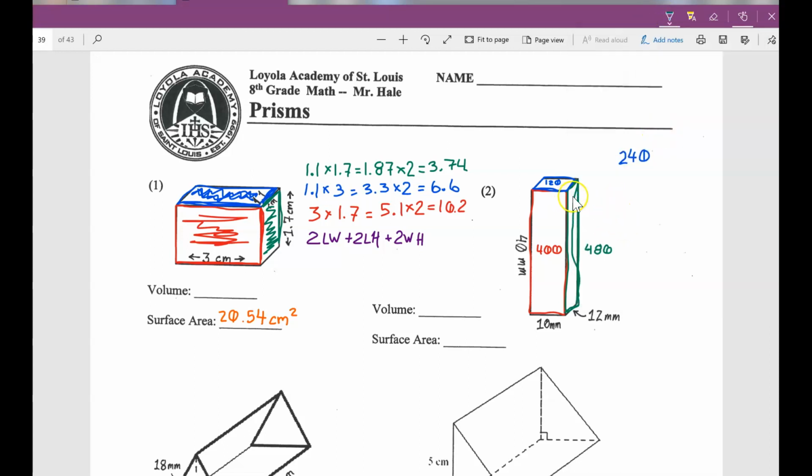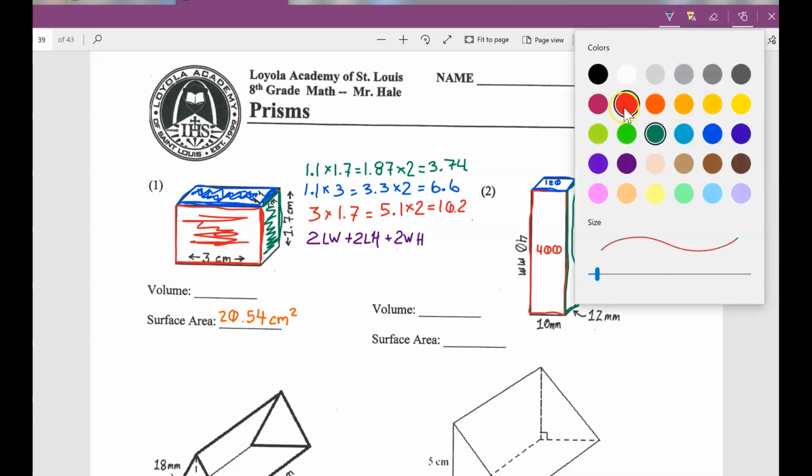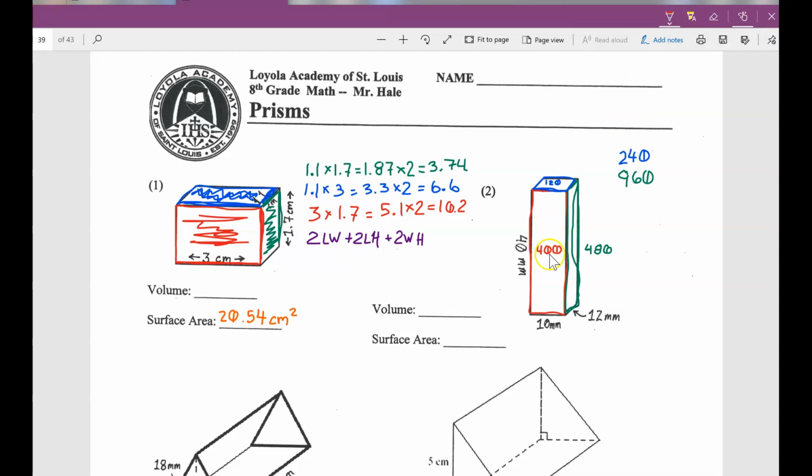And then we're going to have this 480 on the right, but you're going to have an identical rectangle on the left. 480 by 2 is 960. And finally, we've got this 400 on the front, but we're going to have an identical one on the back. 400 times 2 is 800.